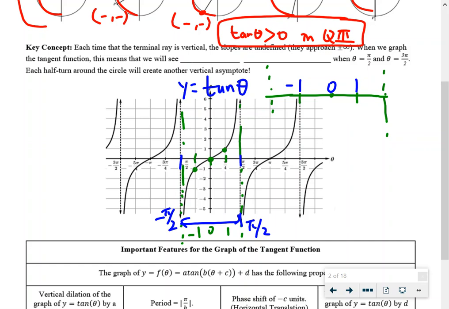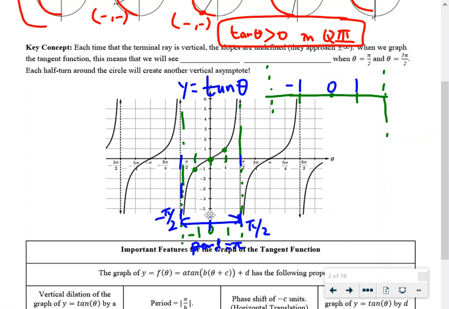When you think about the period, from 0 to the first asymptote on the left side is negative pi over 2. From 0, the first vertical asymptote on the right side is positive pi over 2. When you find the difference between these two, it is pi over 2 and pi over 2. So it becomes 2 pi over 2, which is pi. Period is pi.